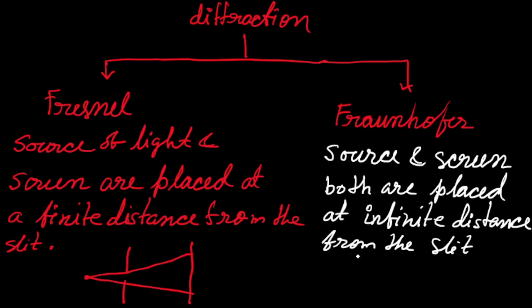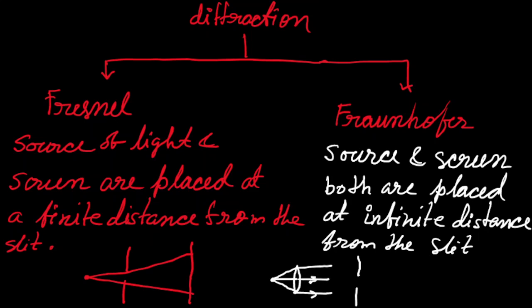Let's say this is the slit, and then we have a point source here. If we place this point source at the back focal plane of a convex lens, the light generated from this point source, when it passes through the convex lens, will create a plane wavefront like this.